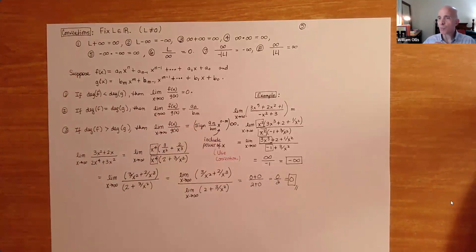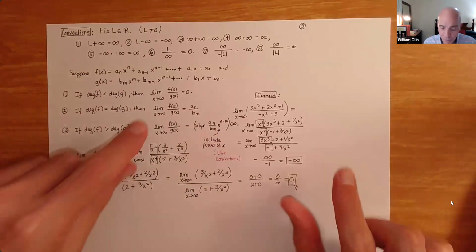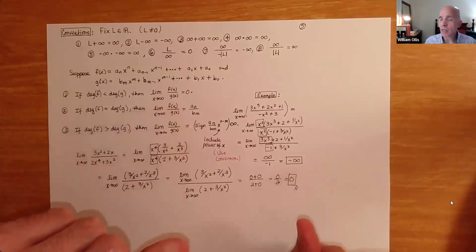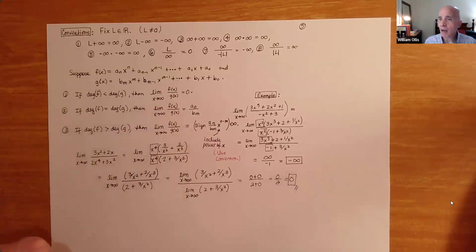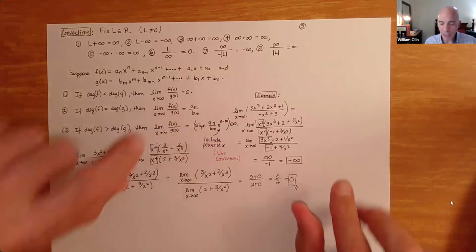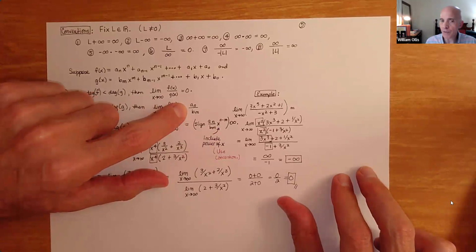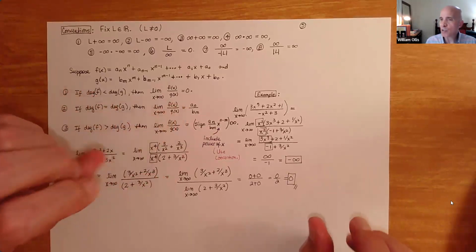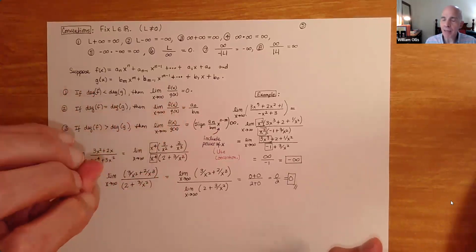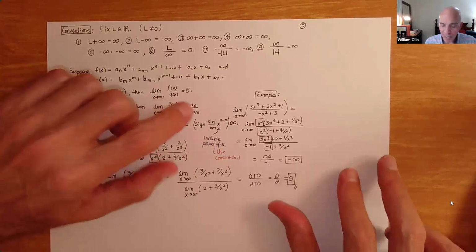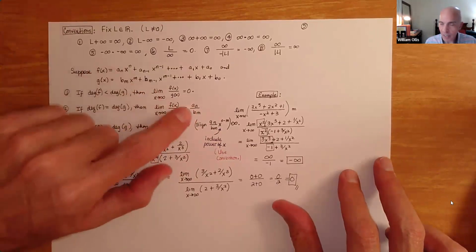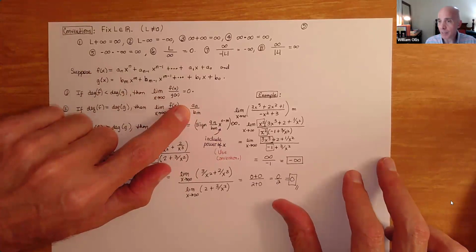And then you're left with other terms, aside from the leading coefficients, that all go to 0 because they have powers of x in their denominator with fixed numerators. So it is sufficient to find the horizontal asymptote by looking at the ratio of the leading coefficients. And of course, that takes into account the signs that may be associated with the leading coefficient of the numerator and the leading coefficient of the denominator.